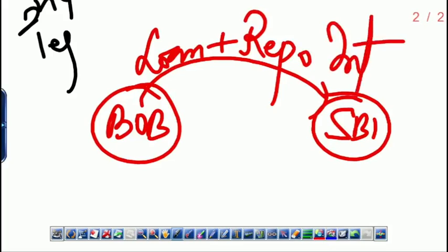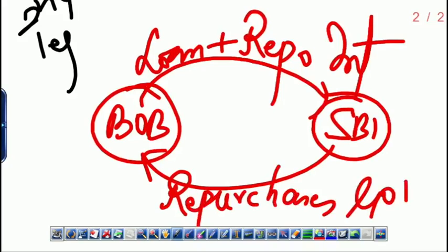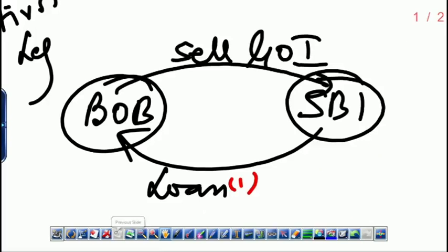Loan plus repo interest. Bank of Baroda therefore repurchases. Repurchase, hence the name repo. Repurchases the GOI. So this is the second calculation. Loan amount plus repo interest. Perfect. Now let's come to the first leg.